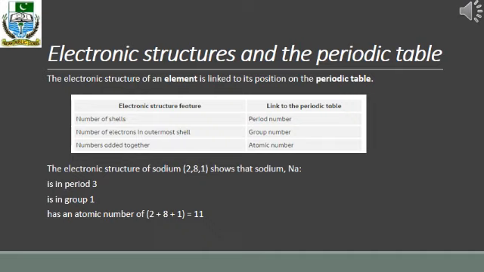If we take the example of calcium, it is present in group 2, so it will have 2 valence electrons. So in this way, period number and group number are important, and the periodic table can help you to understand the electronic structures and electronic configuration of different elements.